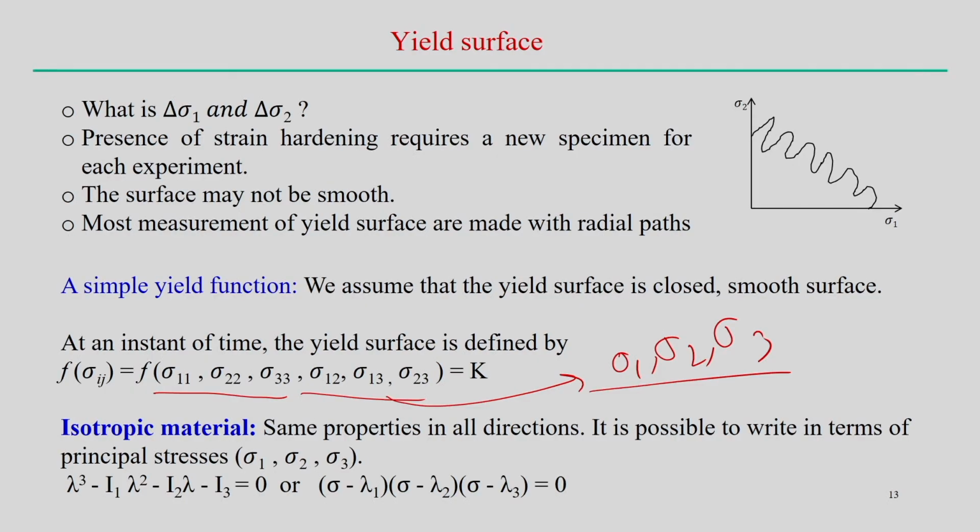In terms of the principal stress, we use the cubic equation to find the roots, that is, the principal stress components, which we have already discussed, expressing it from the state of the stress.